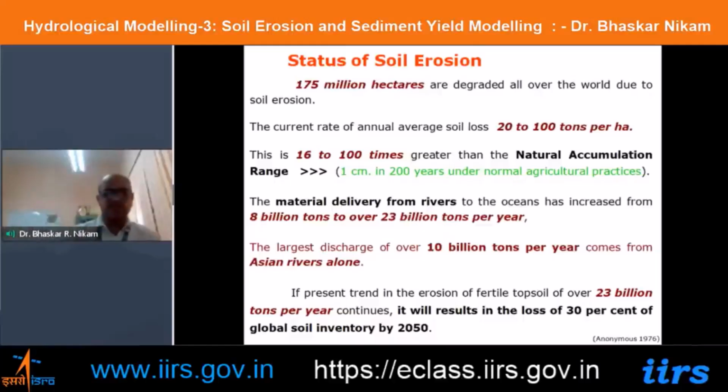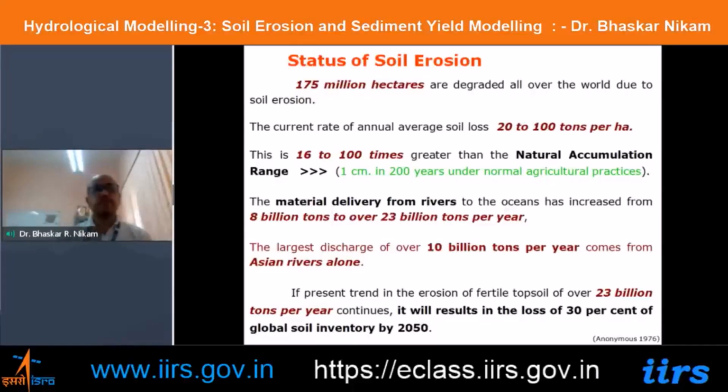Out of that 23, around 10 billion tons is the contribution of Asian rivers. So Asia contributes almost half of the material to the ocean. When we say material, dominantly we are talking about silt flow.